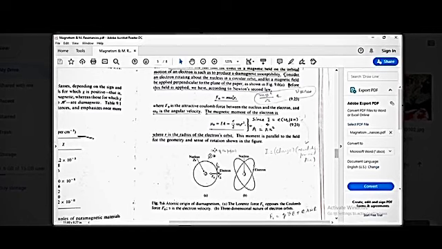This moment is parallel to the field for the geometry and sense of rotation shown in this figure, which I have already illustrated.